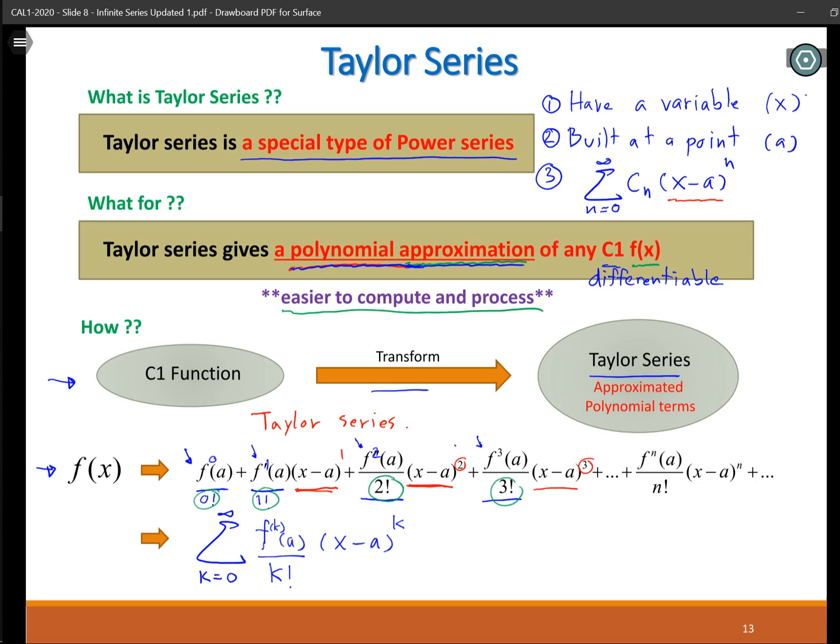K equal to 1, we have first order, just like the series we see above this. Alright, so what we have here is the compact form of Taylor series. Let's make a box around that. Alright, so this is Taylor series.